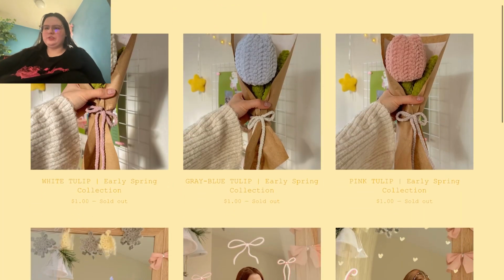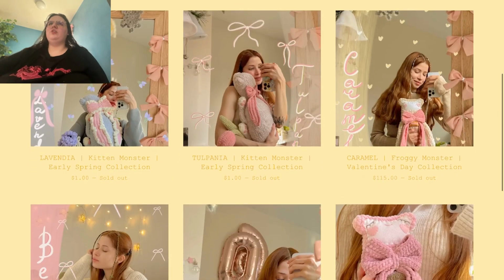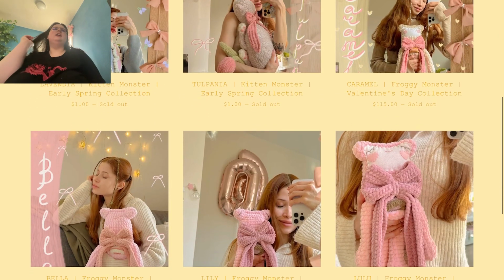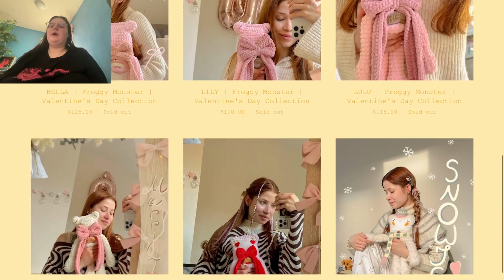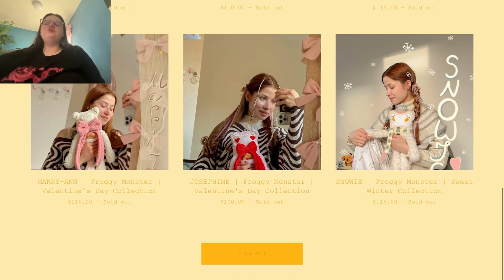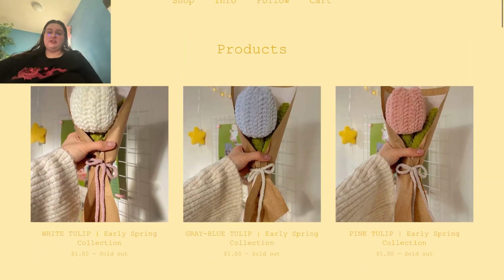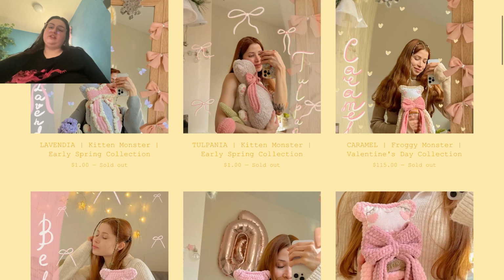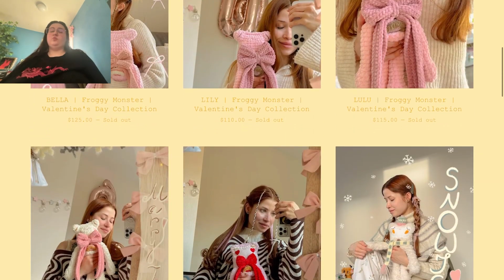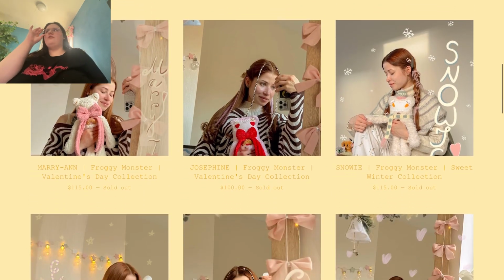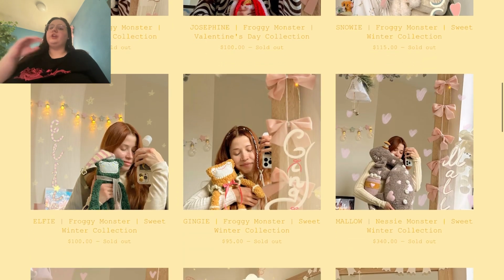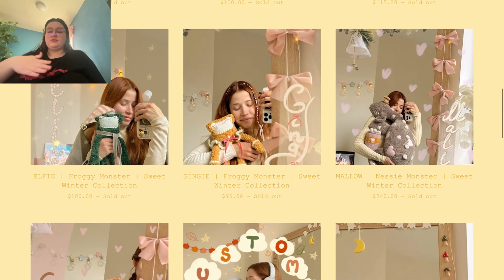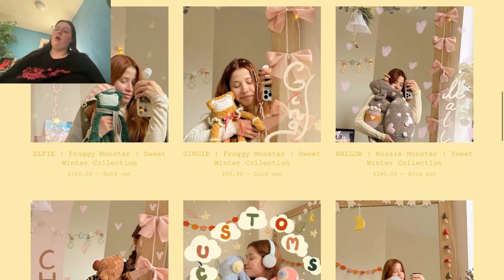What I think is really, really cool about her style of selling is she sells patterns as well on Etsy, but a huge source of her income, as you can see here, is that most of these products are sold out. That's because they are either one of a kind or they are very, very limited products where there's only a couple made. As you can see, these are high price points, but pretty much all of them are sold.